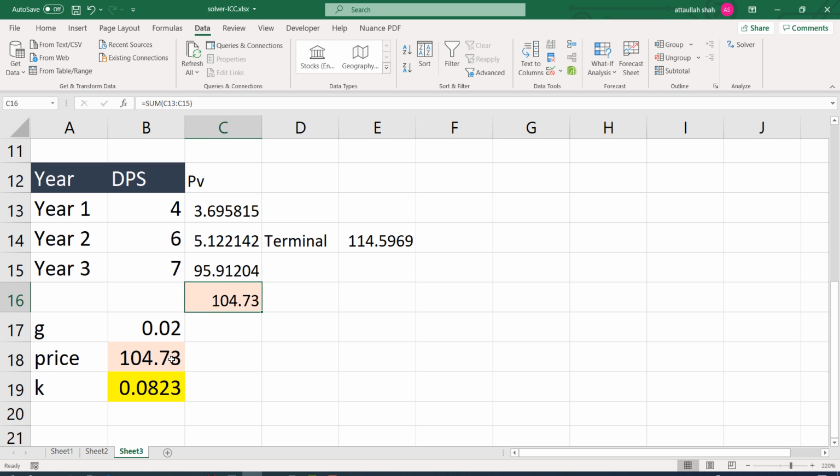So in order to equate both the values, we had to change something, and the changing cell was the cost of capital. So Excel solver kept on changing this value until it reaches a solution, and the solution is that these two should be equal. Now the Excel solver made this equal, and the point where they become equal, the cost of capital was 0.0823, and this is our solution.